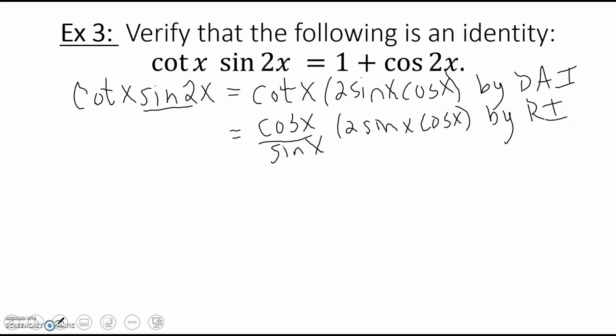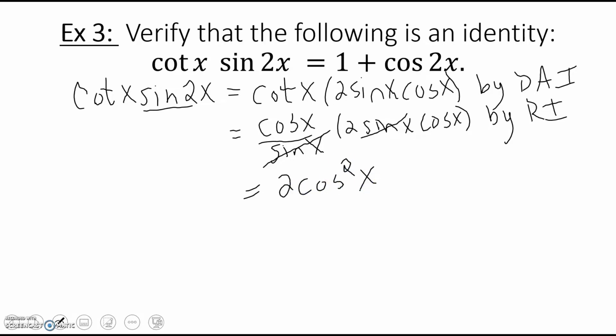So that's by, I'm just putting RI because it's crazy writing on my screen, the reciprocal identity. And so now you notice that the sine of x is canceled, and it leaves you with 2 cosine squared x.